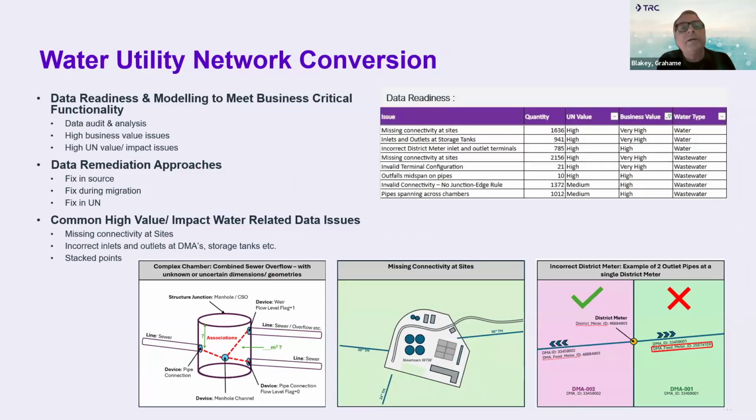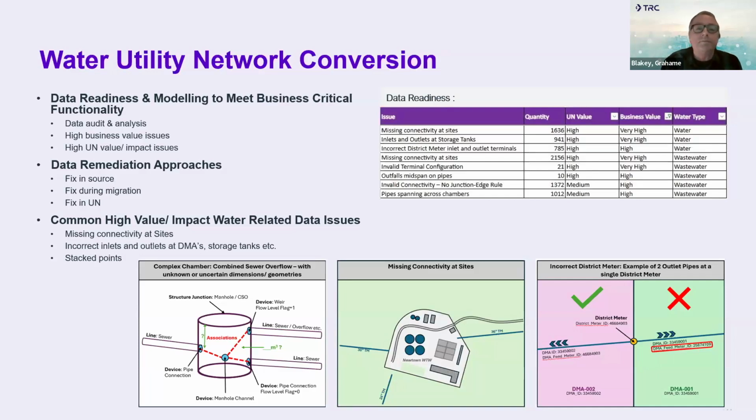But the key attributes I'd really like to home in on are the business value and the UN value or criticality ones we've got there. We would typically assign these working with a client, and they would be used to support a prioritised data remediation and cleanse strategy.